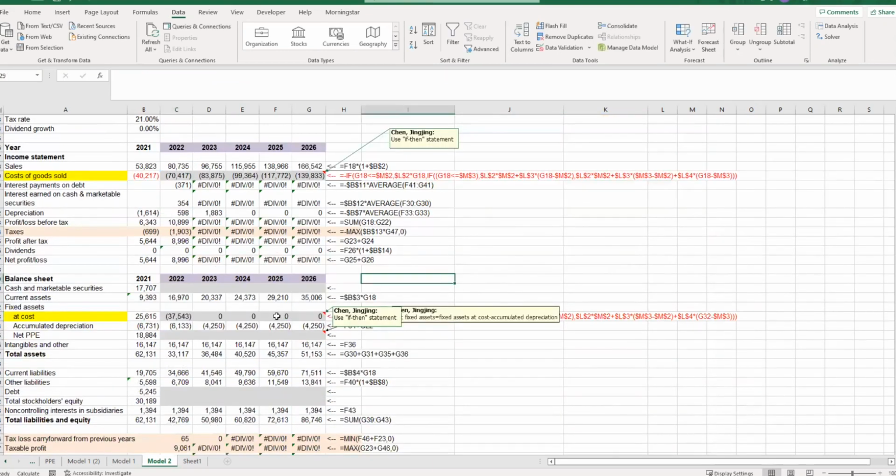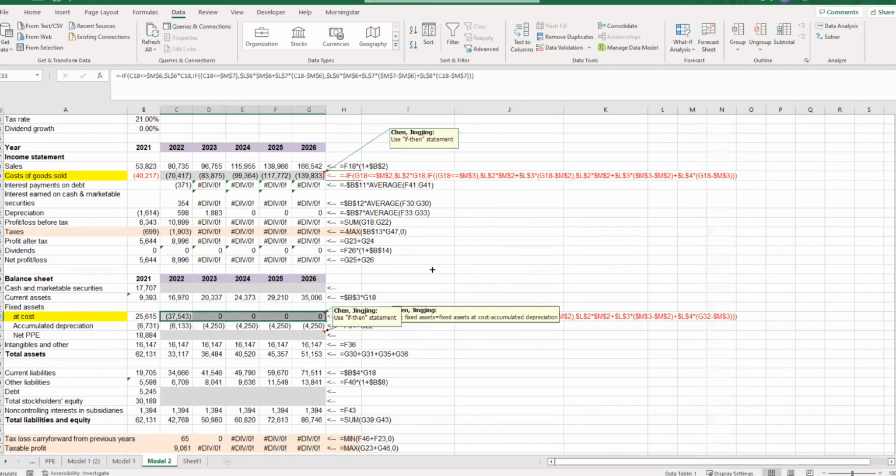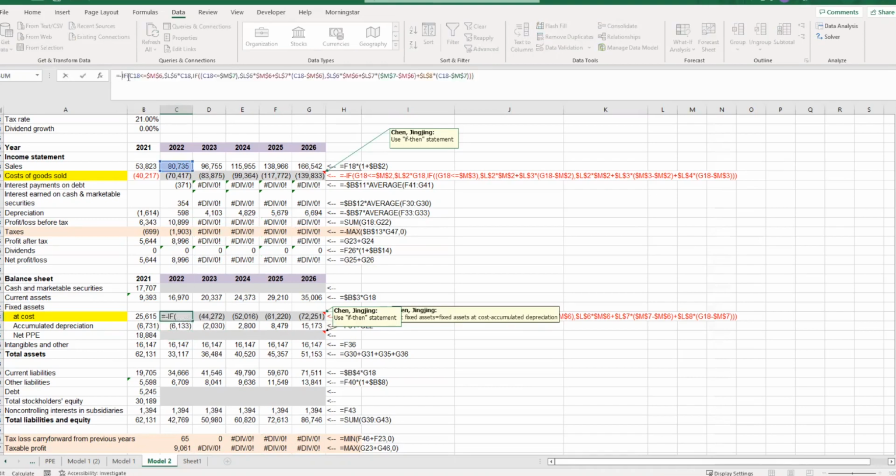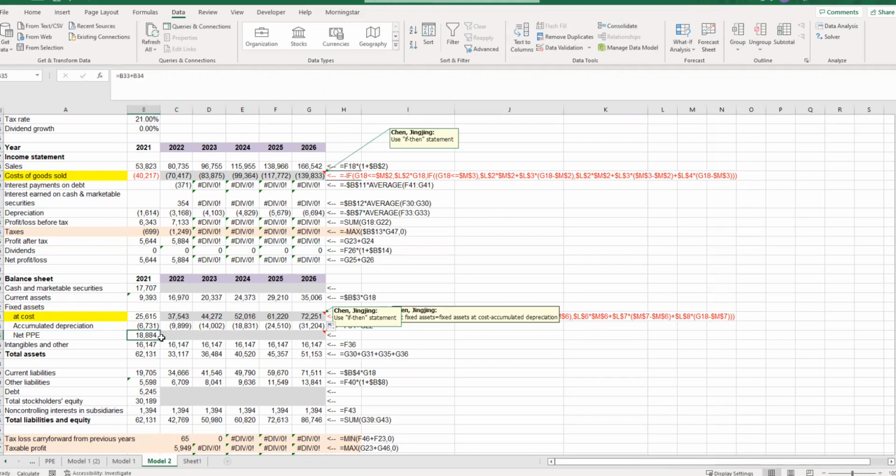Enter. And here, since our assumption is made on fixed asset at cost this time, so for net fixed assets, that will be here. Don't need a minus sign. Net fixed asset equals to, I can just drag it.